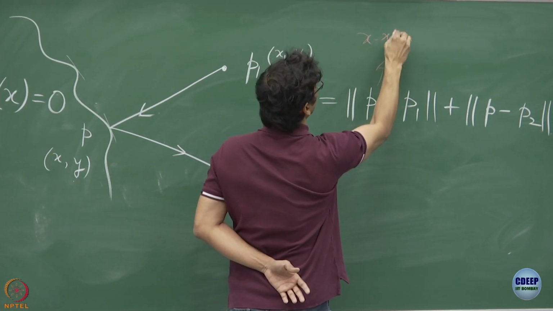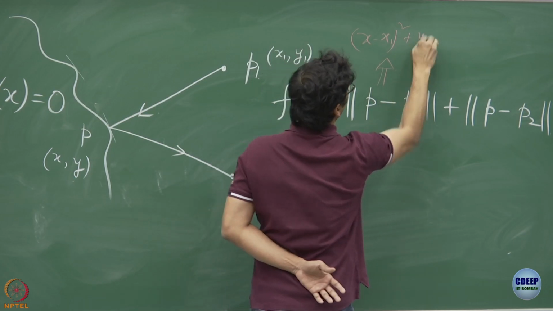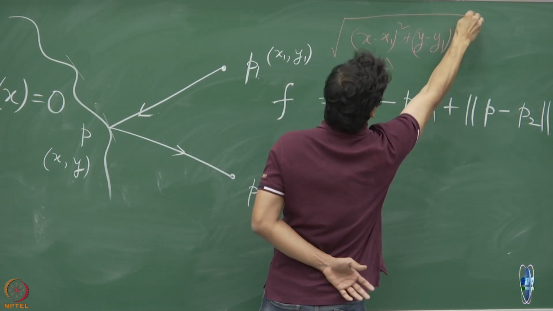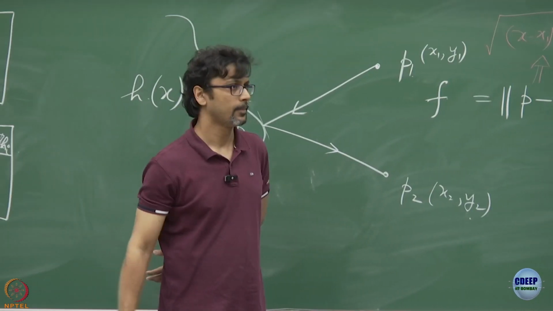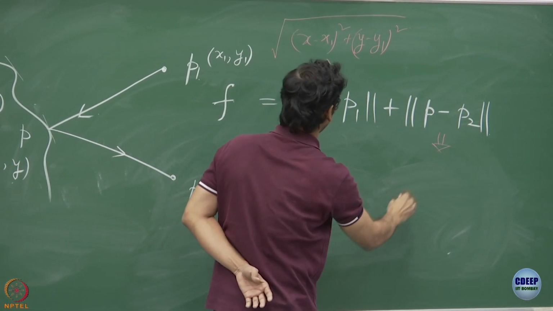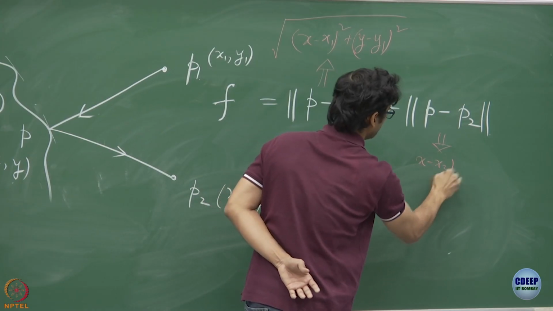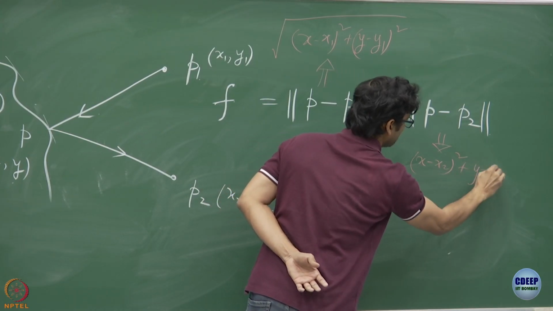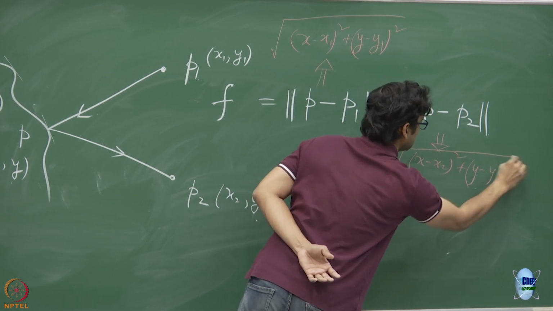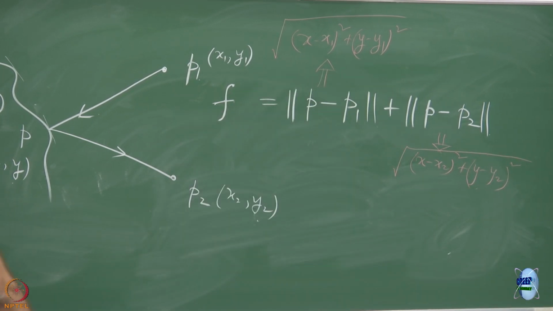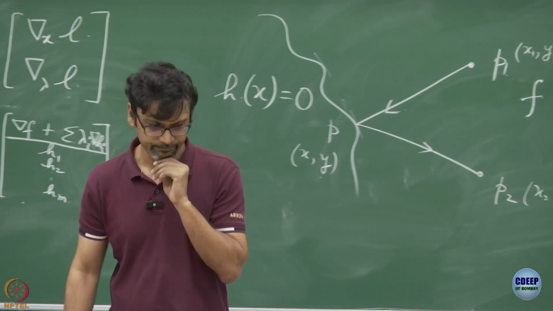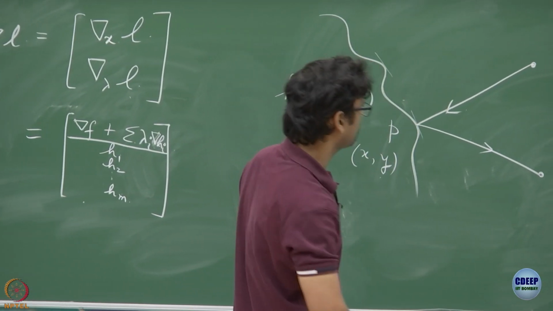Square root of (x minus x1) whole squared plus (y minus y1) whole squared. And this by the same token is square root of (x minus x2) whole squared plus (y minus y2) whole squared. So when you take partials with respect to x and y, what do you think turns out to be the result? Grad of f.